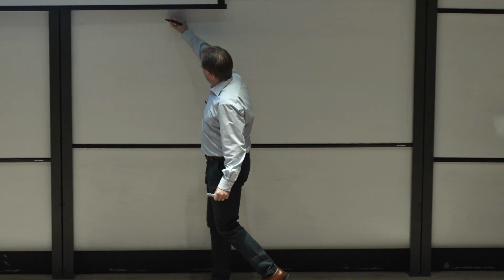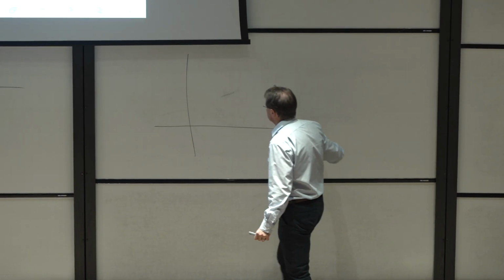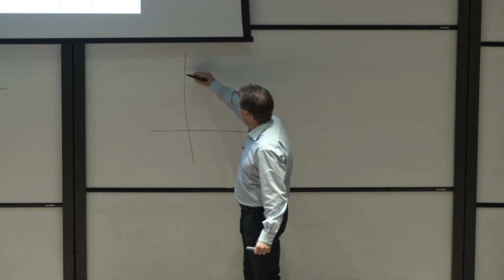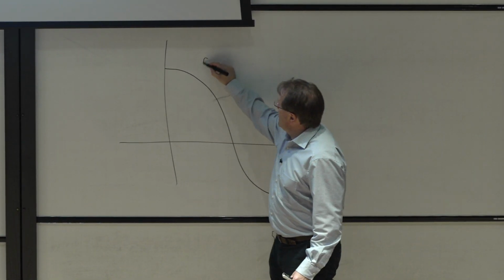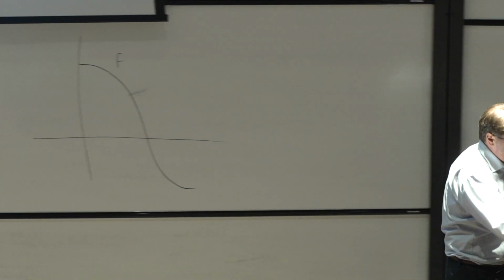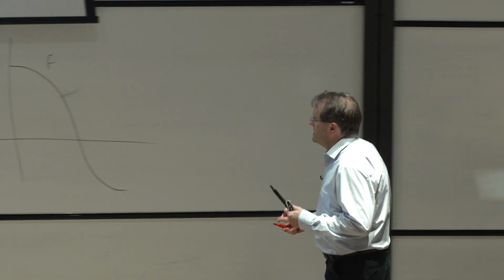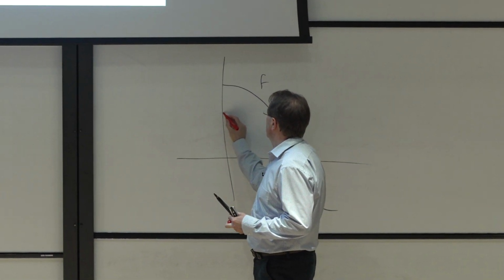Another way of seeing this is that we've got my function f, and I've got some minorant and some majorant for it. Let's say I've got some minorant.